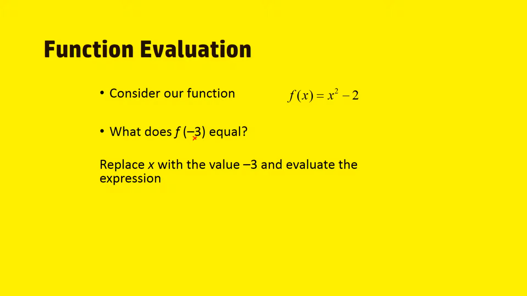So we replace x with the value negative 3. Negative 3 goes into here for x, and it's going to replace x wherever we see x. So it's going to get squared, the result subtracted from, by 2.